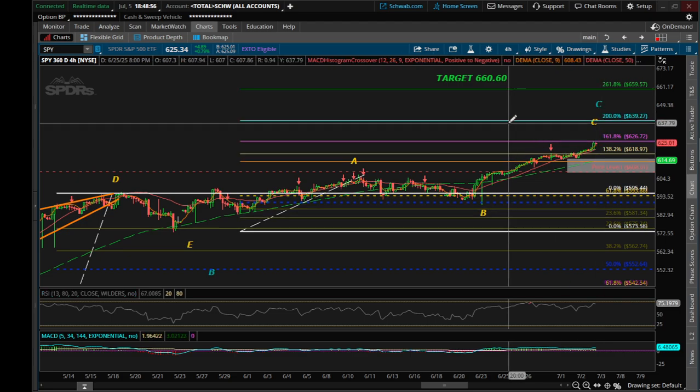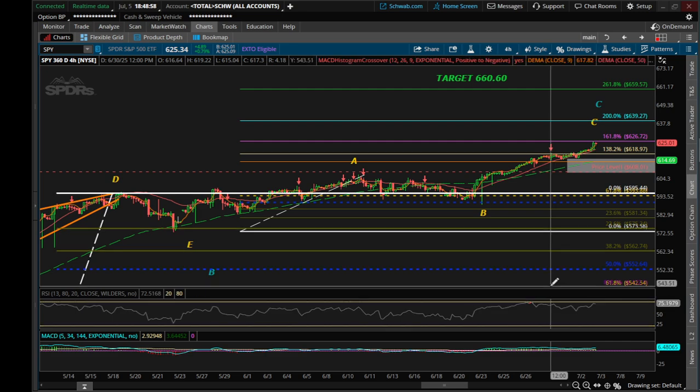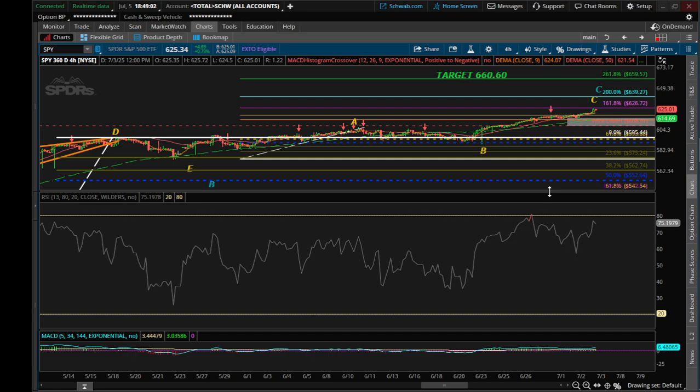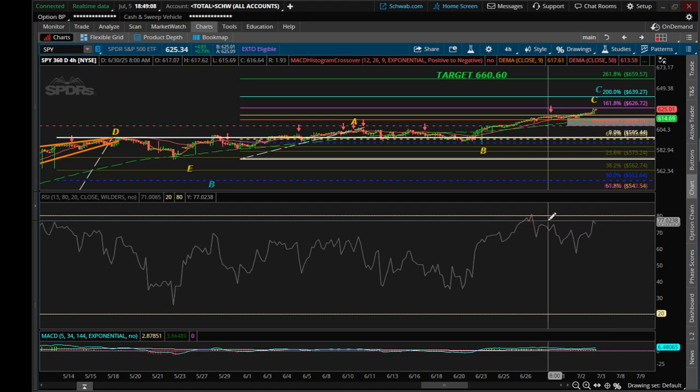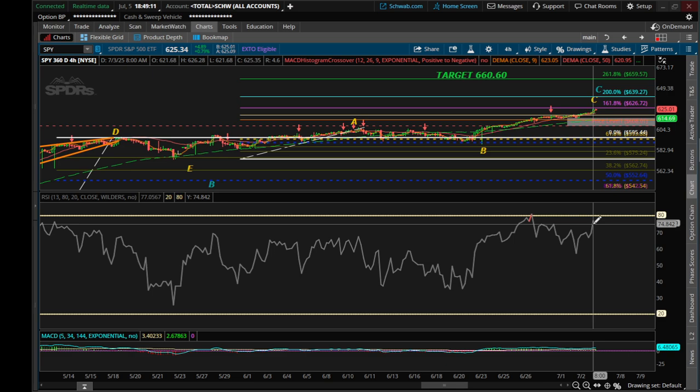Now, let's look at some of the RSI and MACD to help us confirm some of this. We're at around 76, but I usually don't consider it overbought until it gets into the 80s.